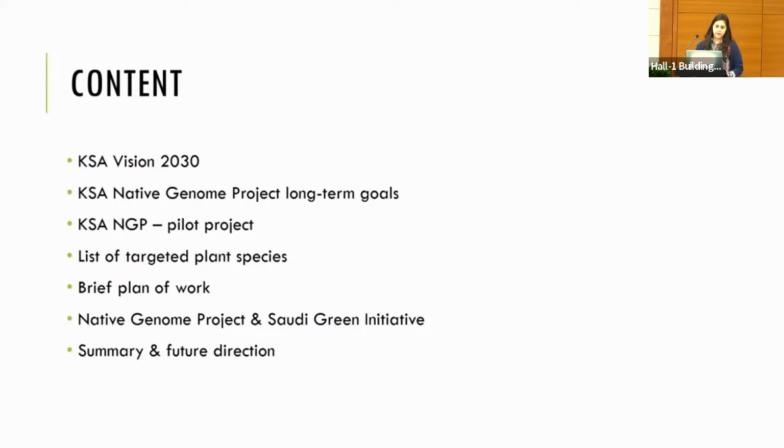I'm going to give a brief introduction to the list of the targeted plant species and the brief plan of work. And then I'm going to explain how the Native Genome Project contributes toward sustainable food security in Saudi Arabia, and how we can use these results to reach the targets of the Saudi Green Initiative. I'm going to end with a summary and future direction of this project.